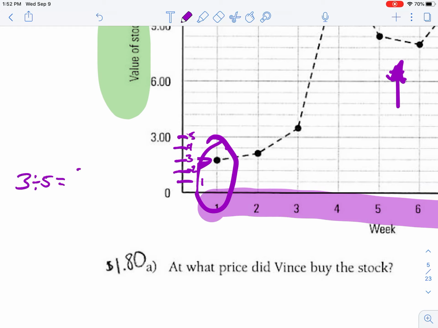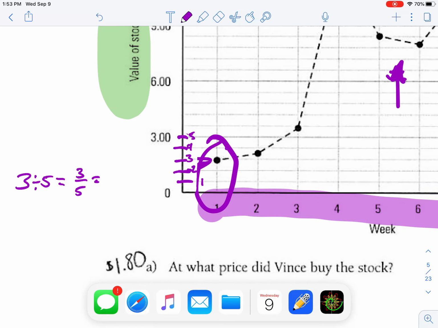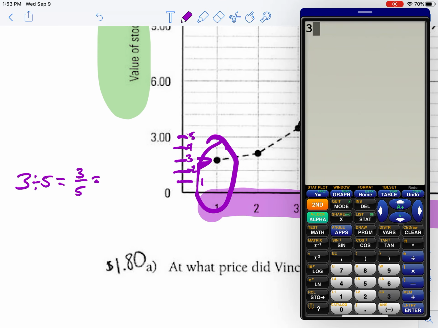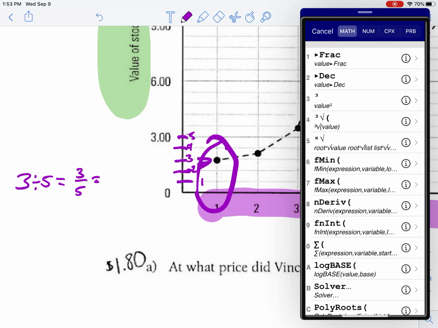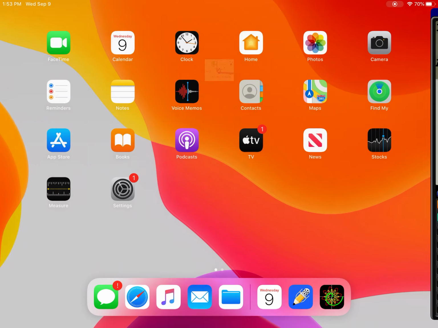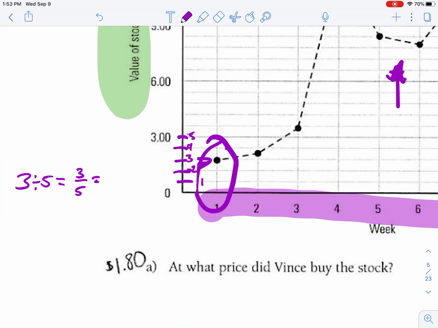Okay, and 3 over 5 gives me, and let's see if our cool little calculator works here. Right on, so 3 divided by 5. And I don't want it in that. I would like it in a decimal. So that gives me 0.6, okay? Now, that means each little unit's 0.6.